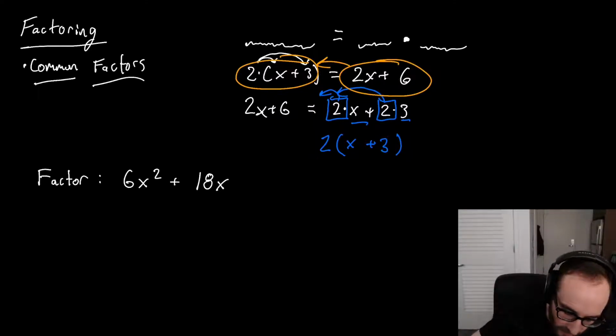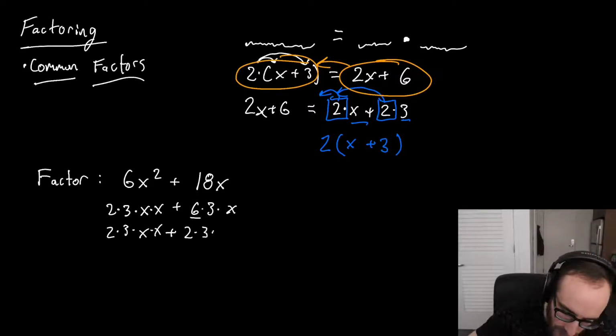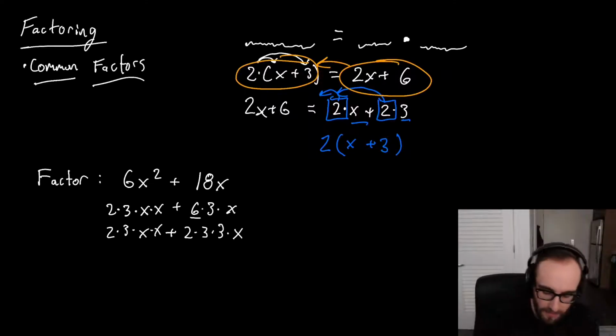So 6 can be written as 2 times 3 times x times x. 18 is going to be 6 times 3 times x. And then for the 6, we can split that up even more, so 2 times 3 times 3 times x.